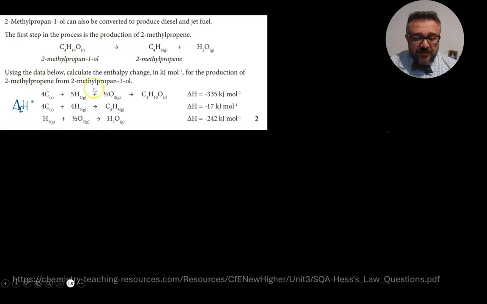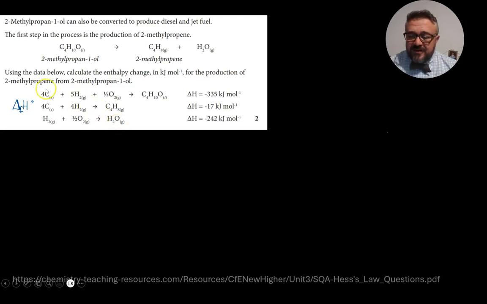Using the data below, calculate the enthalpy change, and you'll see that they've given us a bunch of equations. Here we have 4 carbons plus 5 hydrogens plus half an oxygen goes to whatever that is, doesn't matter. What's that? 2-methylpropan-1-ol, because it's up here. And here we have what it's used to make the 2-methylpropene, and here we have the steam.